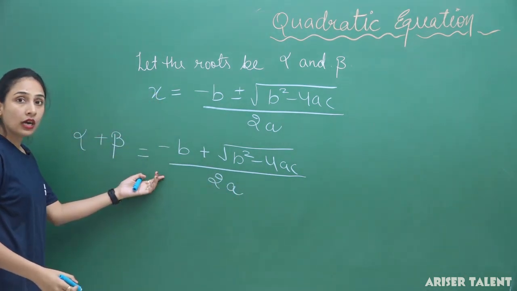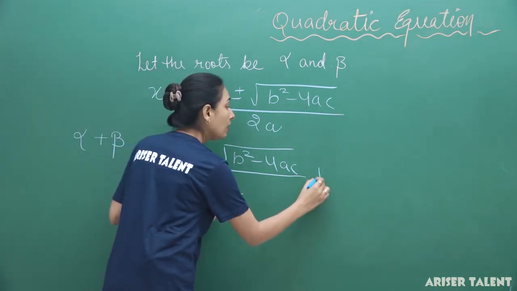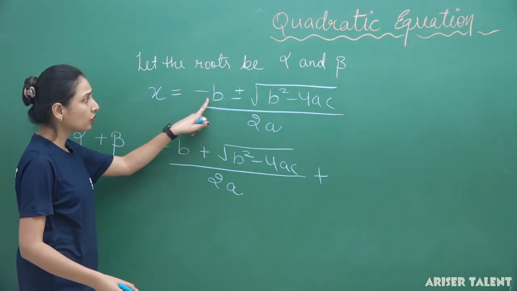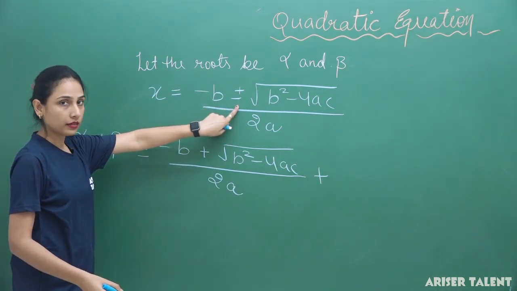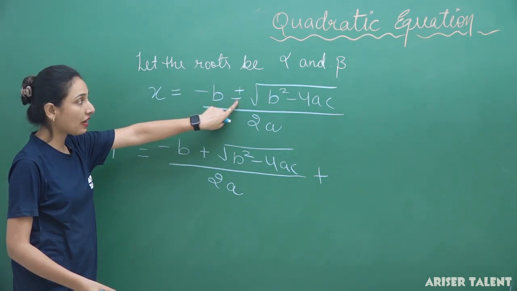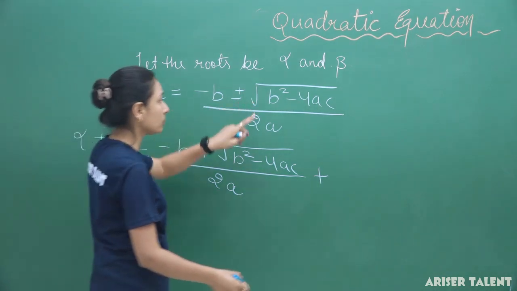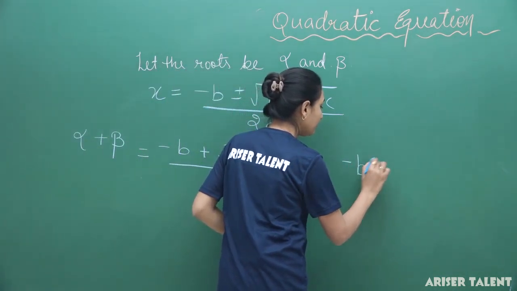Now, what I have to do? Sum it up with the second value, that means the value of beta. I will just take this value and change the sign to minus.